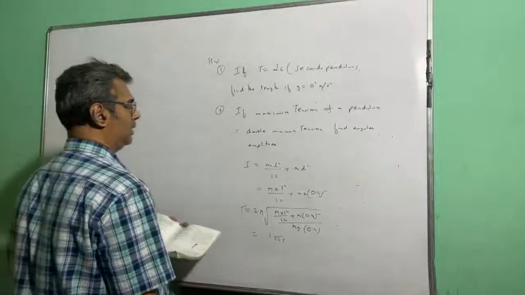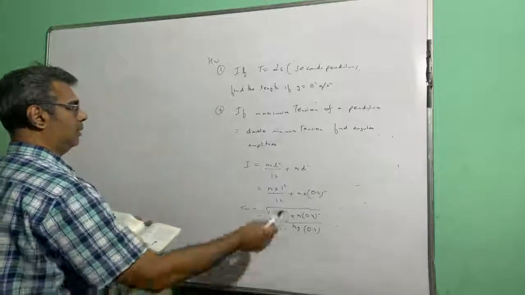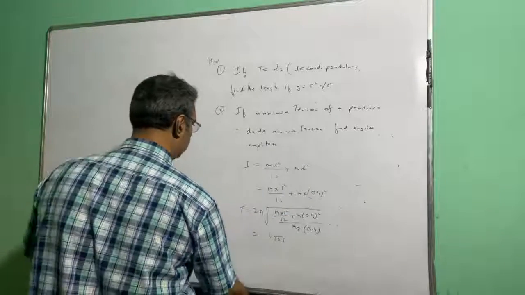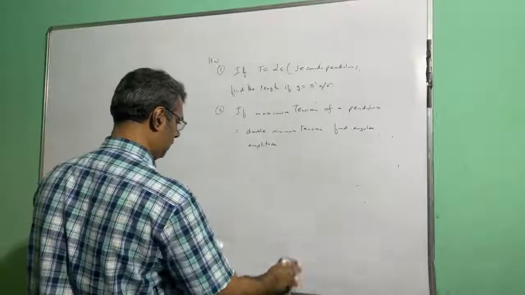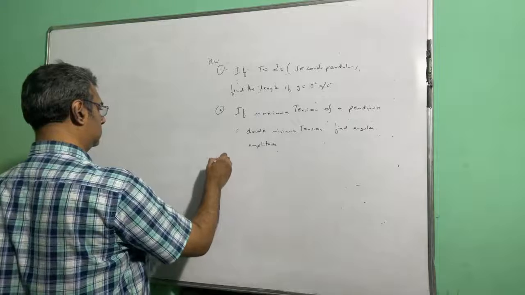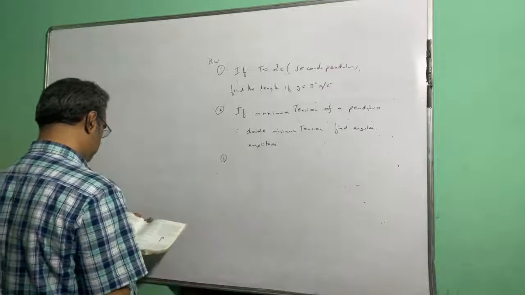Question number 2: if the maximum tension of a pendulum is double the minimum tension, find the angular amplitude.